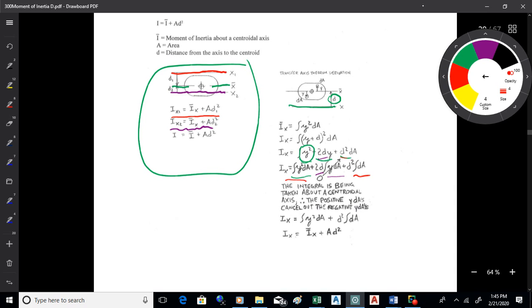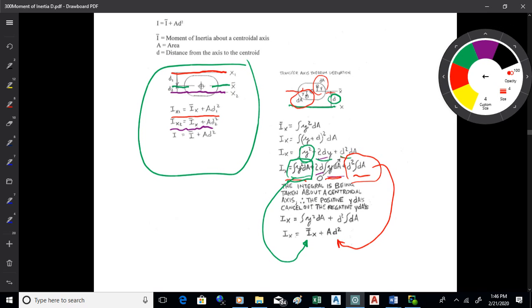Now the first one is y squared dA. Well, that's just the centroidal moment of inertia. So that just becomes I bar x. The last term is d squared dA. The integral of dA is just A, that's A D squared, that goes there. Now the middle term goes to 0 because I've got an integral of y dA, and for every positive y dA on the top, because this little calculation is based simply on the y distances, which are measured from the centroidal axis, I've got a balancing y dA on the bottom, which would be negative.